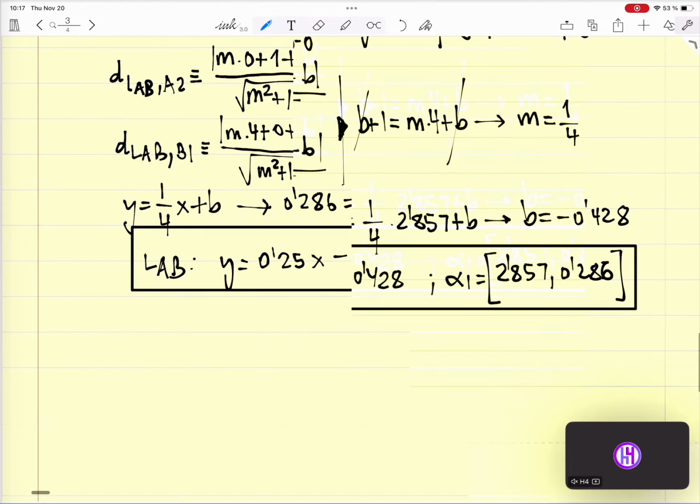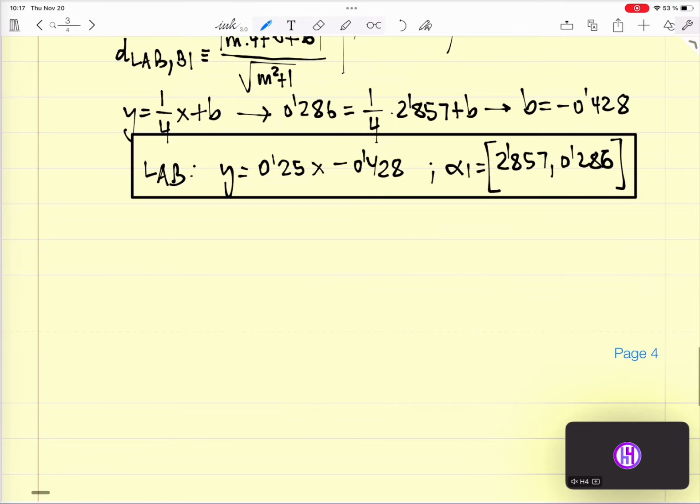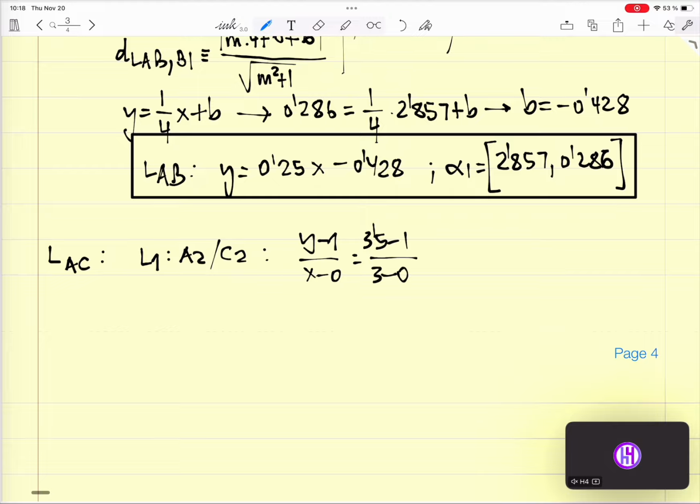So let's do the same for A and C and B and C. The line between A and C: L1 goes through A2 and C2, meaning (y minus 1)/(x minus 0) equals (3.5 minus 1)/(3 minus 0).